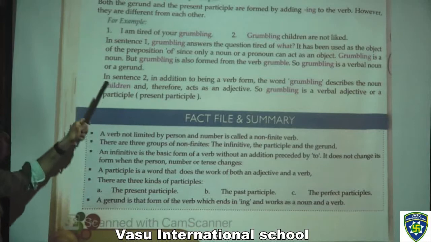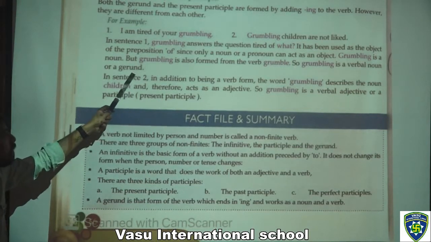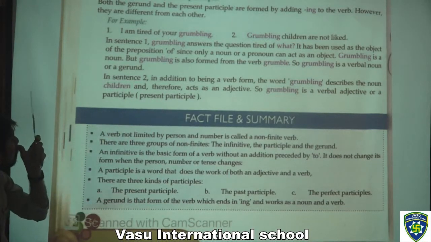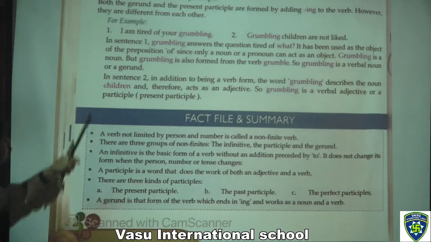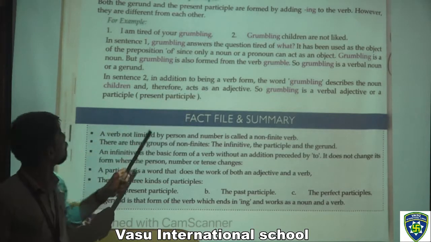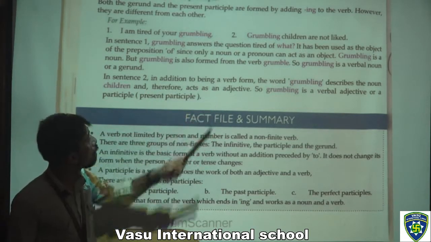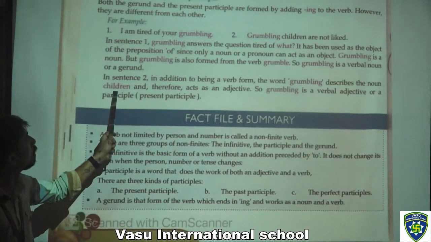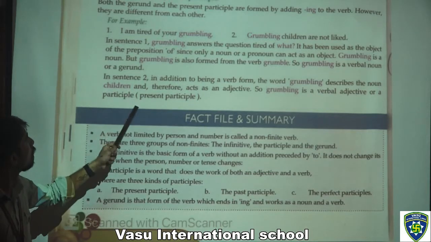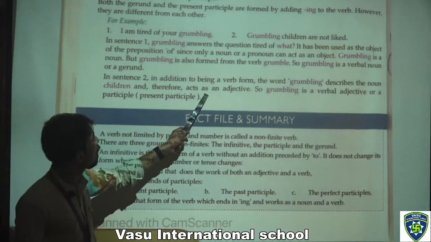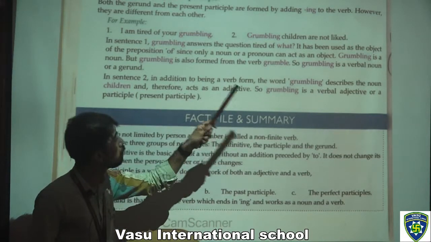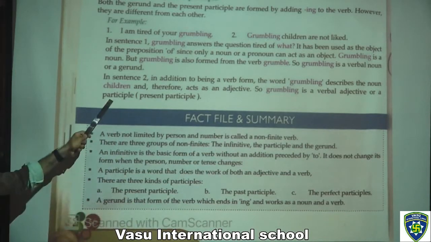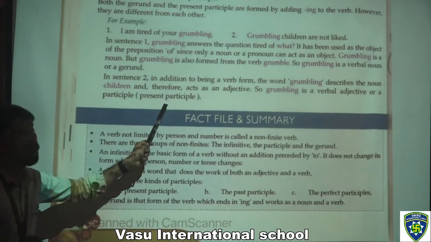So grumbling is a verbal noun or a gerund. In sentence 2, in addition to being a verb form, the word grumbling describes the noun children, and therefore acts as an adjective. So grumbling is a verbal adjective or a participle, like a present participle.